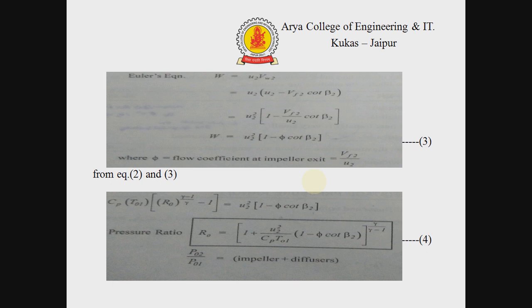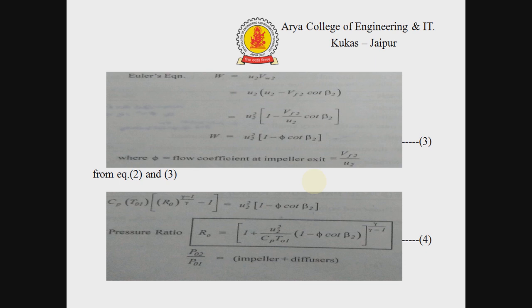Now from the Euler equation, work done is equal to U2 into VW2. From the outlet velocity triangle, VW2 is equal to U2 minus VF2 cot beta 2. Putting the value of VW2 in the above equation, and by mathematical processing, we can obtain equation number 3, where phi is the flow coefficient at the impeller exit, which is the ratio of VF2 and U2.